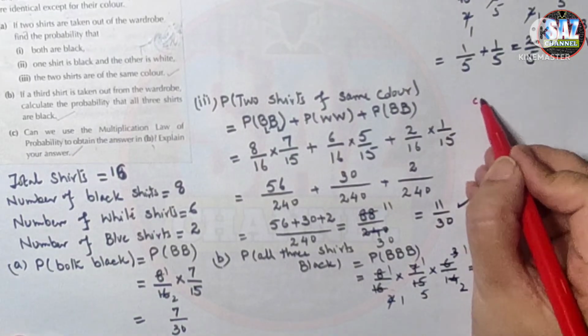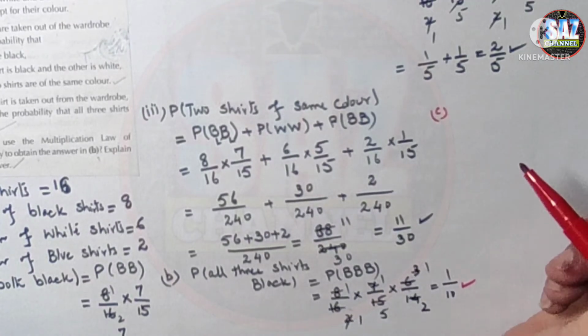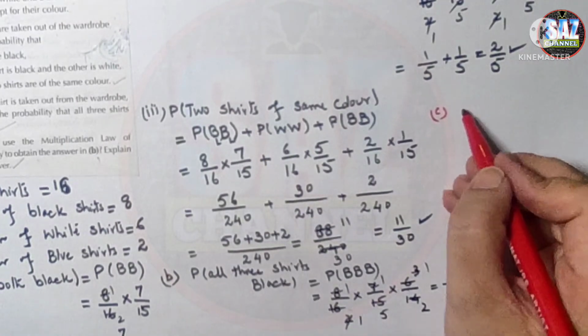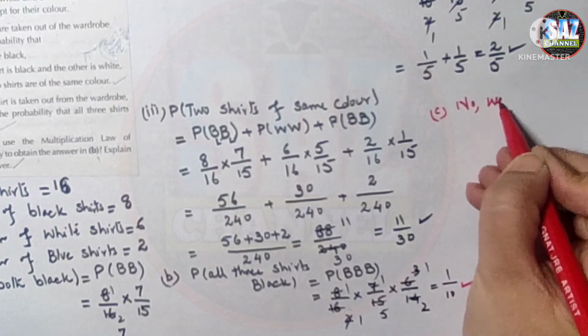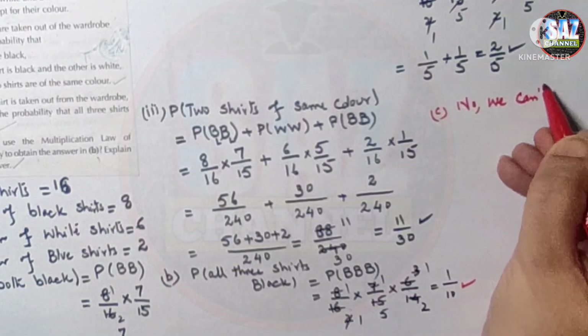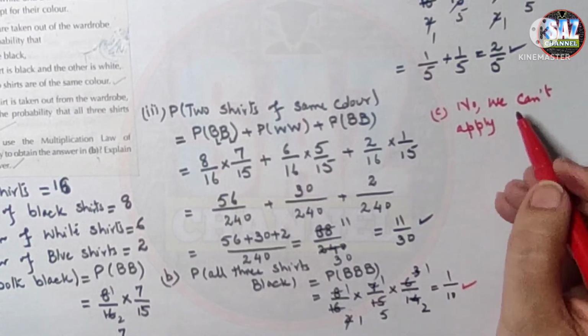So for C part, these are not independent events. The selection of all three shirts is dependent. No, we cannot apply the multiplication law of probability.